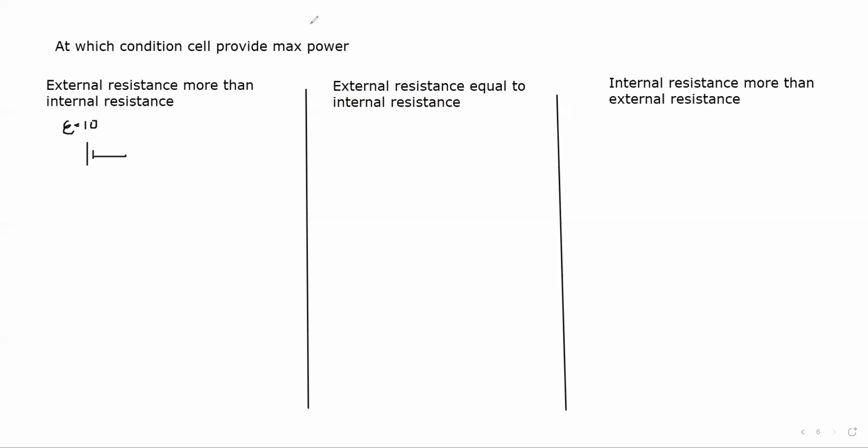We have internal resistance, say this was 100, and the external resistance is, because the external resistance is more than internal resistance, for example, this is 200. And a battery with the internal resistance.